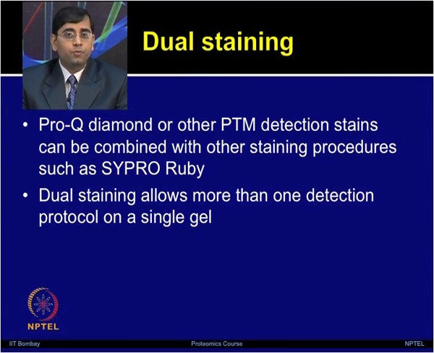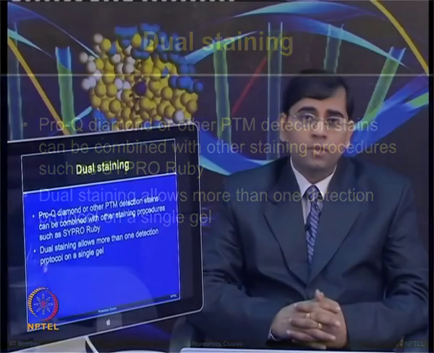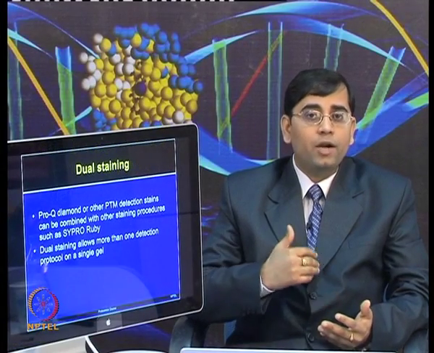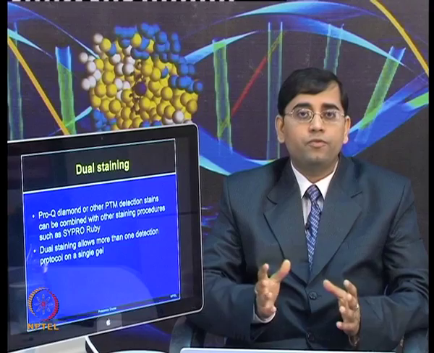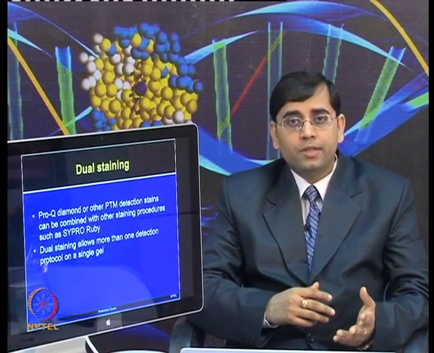If you did not have enough protein, you probably used silver or SYPRO Ruby. If you had enough protein, you went with Kumasi brilliant blue staining. If you were interested in looking at a certain form of PTM, you used Pro-Q diamond or other specific stains. Now, if you want to do some more advanced form to eliminate a lot of gel artifacts, probably you used Cyanine dyes.